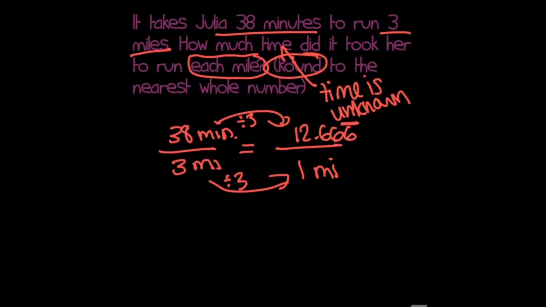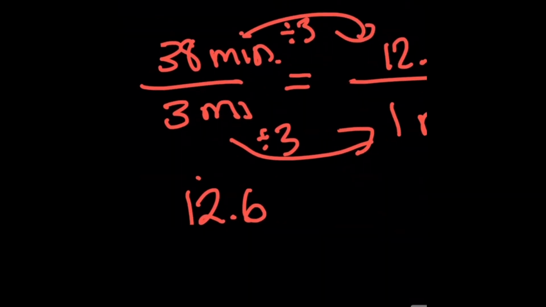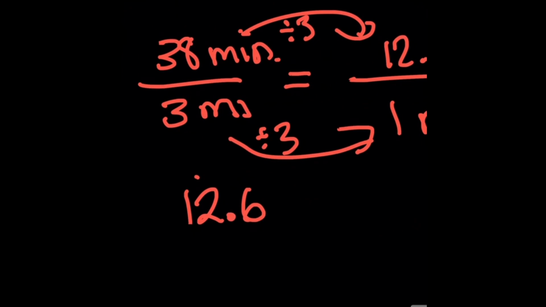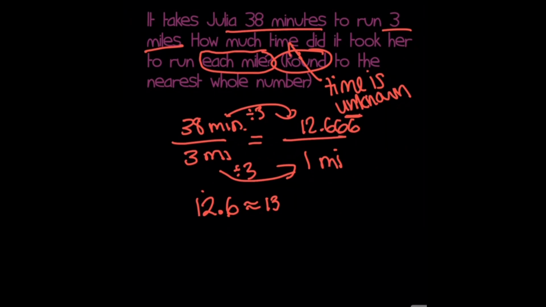So when I round it to the whole number, I'm just going to write 12.6 for now. And I would look at this 2, right? This is my whole number. And what I'm going to do is, this 0.6 is more than 5, so that causes this to change to 13. So technically this is 13.